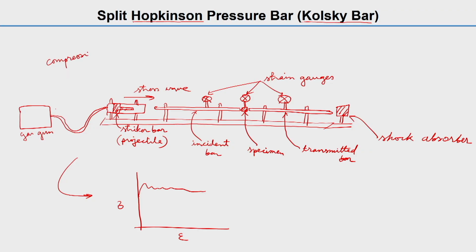And this is what I showed you. It is a compression test, but tension as well as torsion is also possible with the split Hopkinson pressure bar. Tension and torsion have a slightly more complicated setup; the same setup can be modified to perform tension and torsion tests.